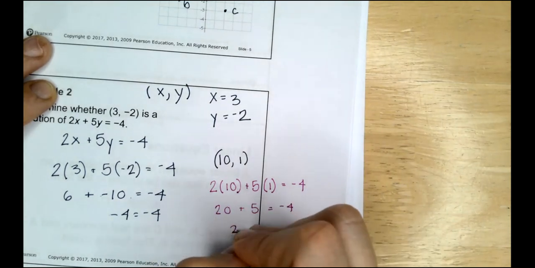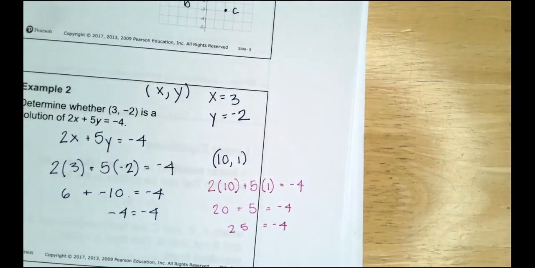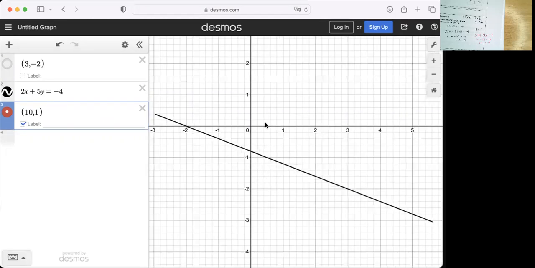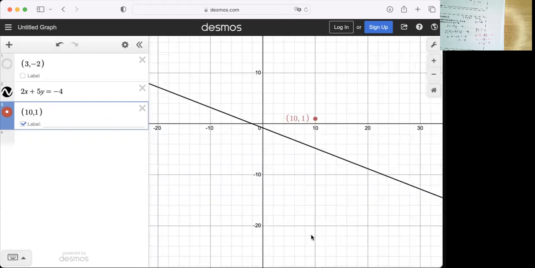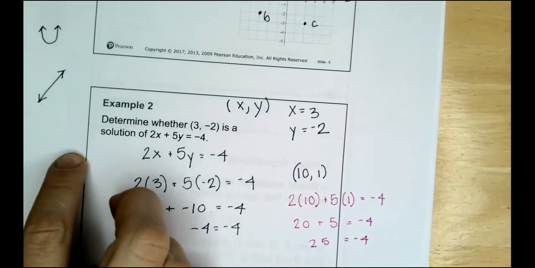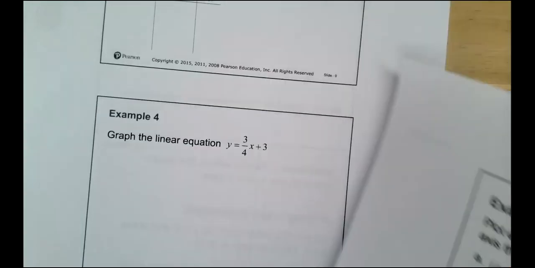Does 25 equal negative 4? It does not. And if I go over to Desmos and say that my point is 10, 1, that point is not going to be on the graph. So that's what we mean by, is it a solution? If I graph this line, will the line cross the point 3, negative 2?